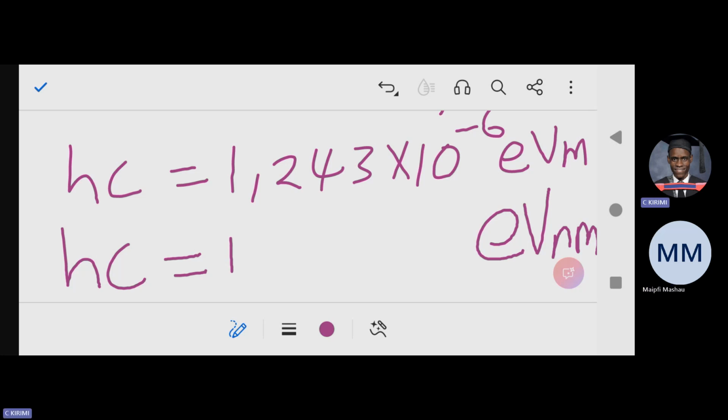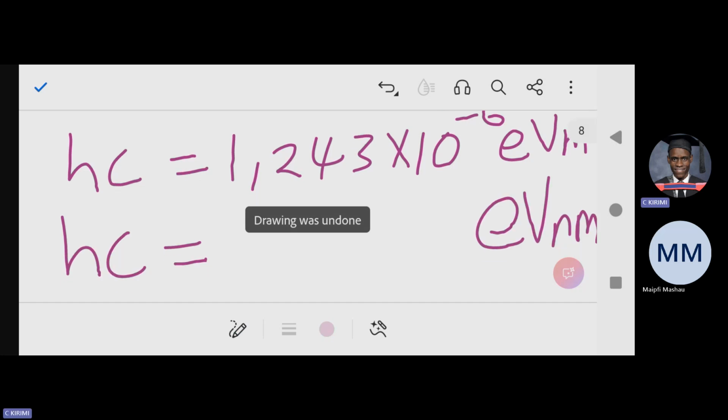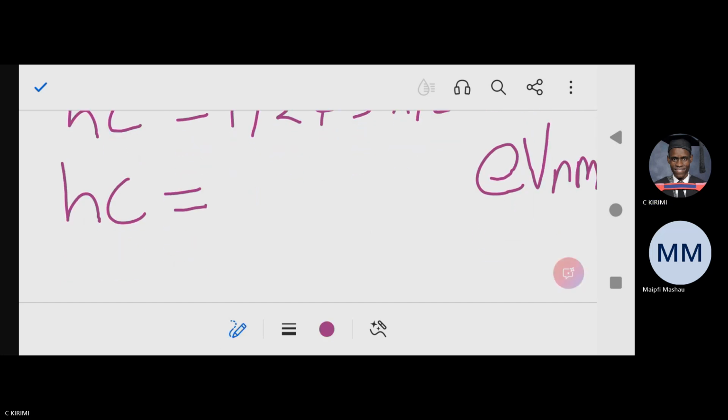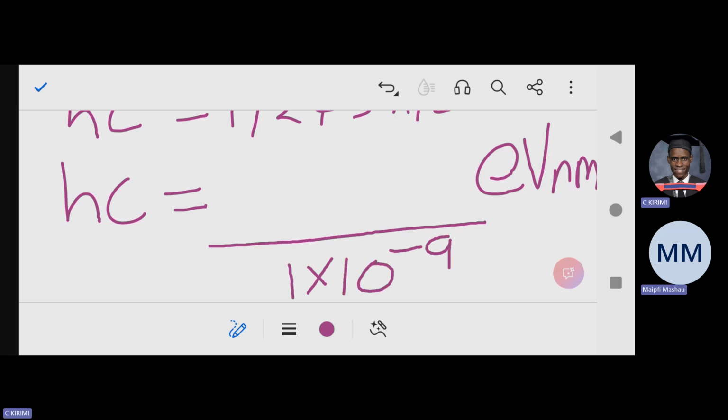Remember, when you want to convert nanometers, they are dividing by 1 times 10 to the power of negative 9.